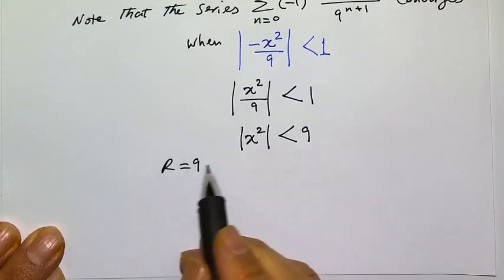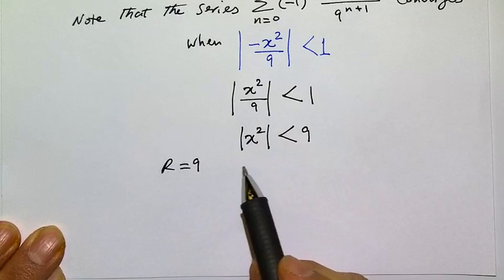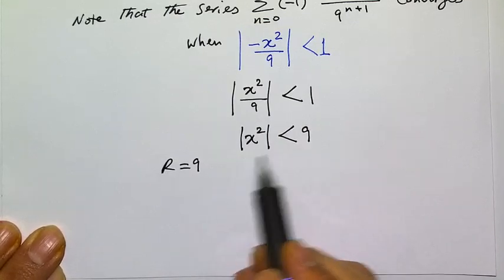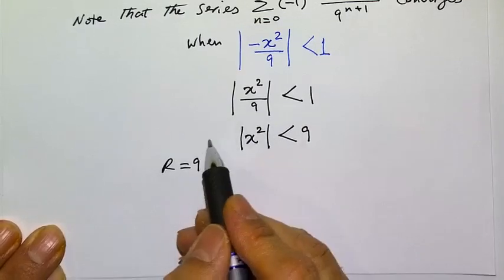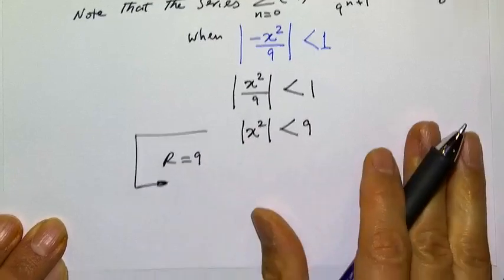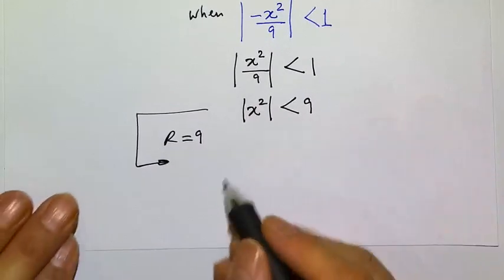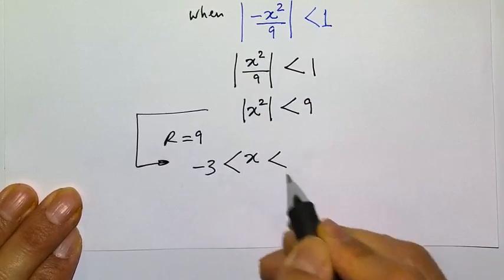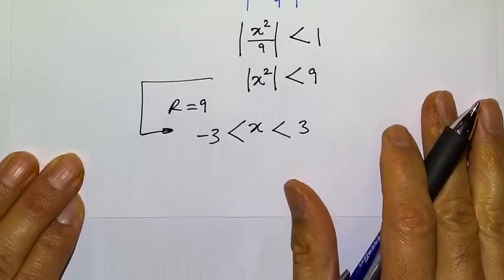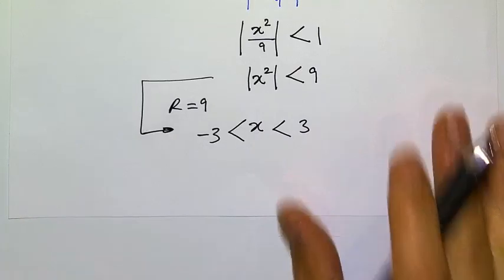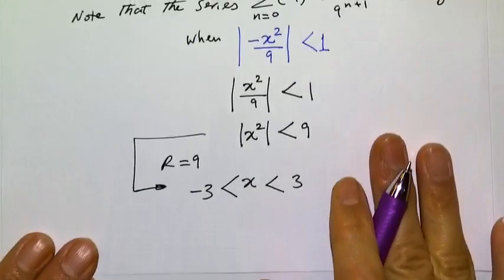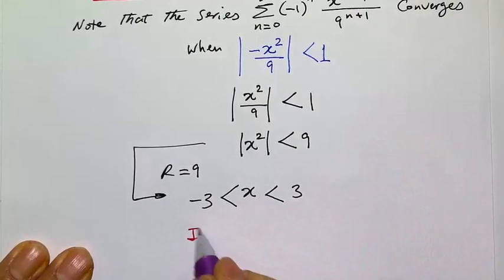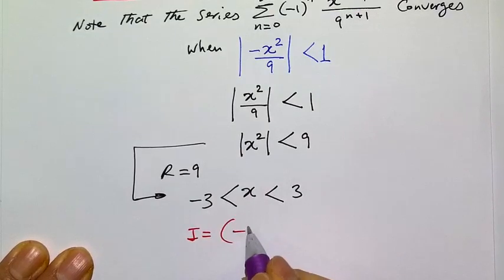9, which they weren't asking us for, but this tells us that the interval of convergence is like that. Okay, so let me write that here, the interval of convergence would be parenthesis -3 to 3.